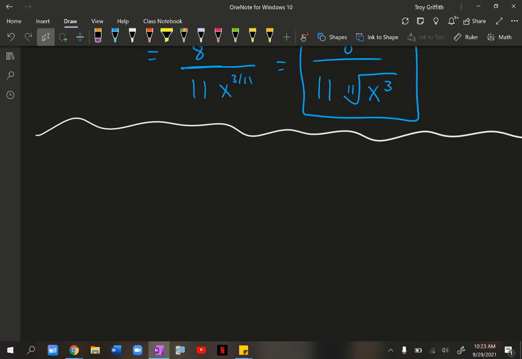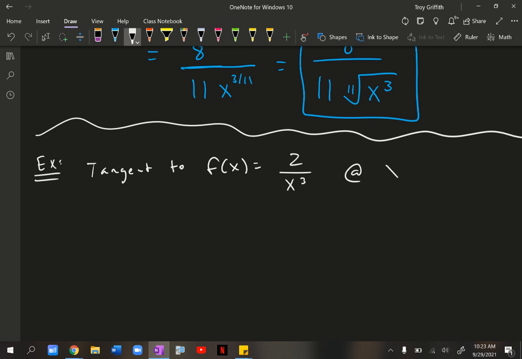Let's say I want to find the tangent line to f of x equals 2 over x cubed at x equals 2, for example.